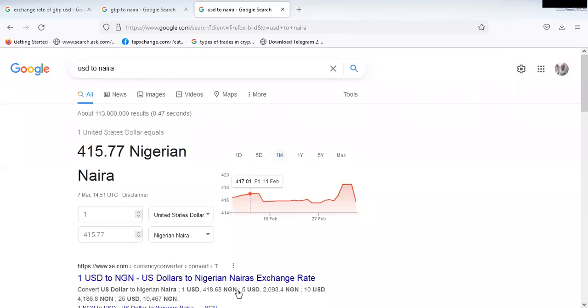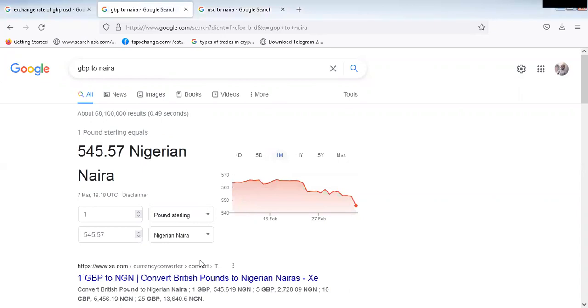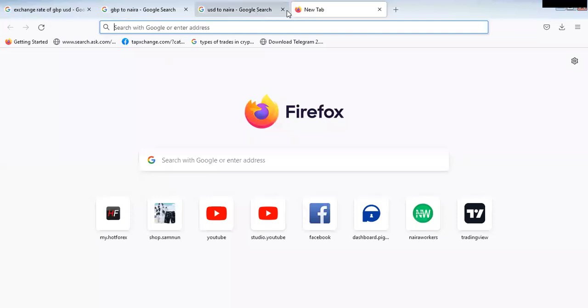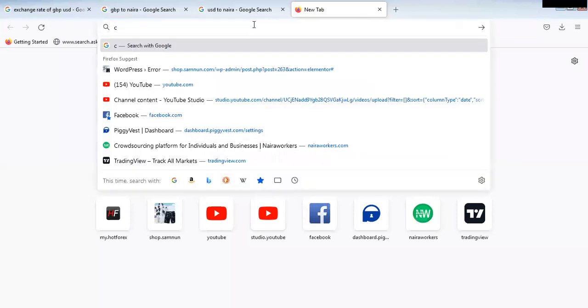So coming back to my screen, look at this. This is GBP 545.57, and the other one is 415.777. Now let's just type calculator here.